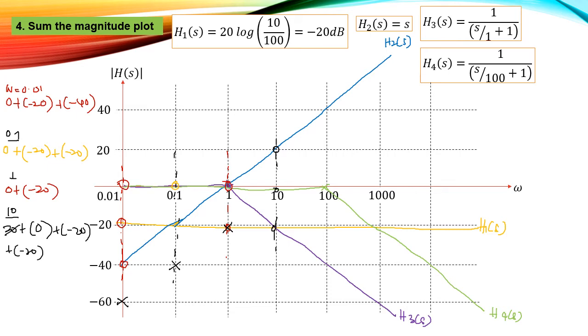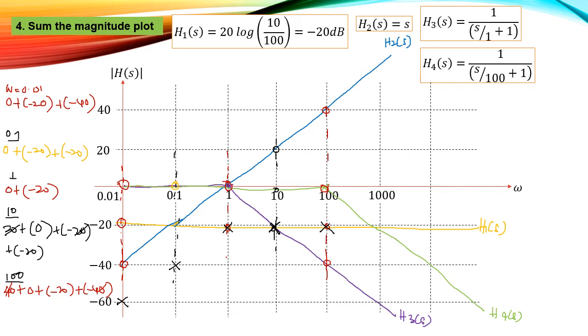So altogether it is negative 20 again. Okay, at 100, you have 40 plus 0 plus negative 20 plus the purple one is negative 40. So it is negative 20.